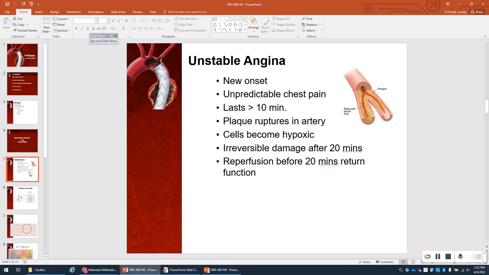So ischemia means lack of blood flow, which causes damage to the heart and occurs within 20 minutes of occlusion. If reperfusion occurs before that 20-minute window, then aerobic metabolism resumes and cellular repair begins. So keep in mind the differences between unstable and stable angina, and again, what that looks like for the patient.